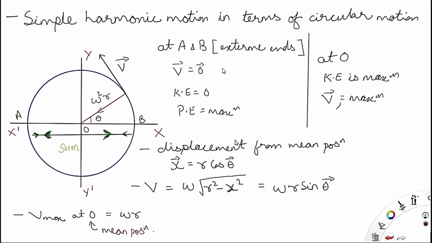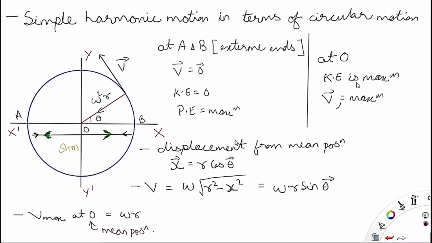At the center, at the equilibrium position, so the center is the equilibrium position in simple harmonic motion, the net force is equal to 0. So at point O, the equilibrium position, kinetic energy is maximum, acceleration is equal to 0, no acceleration, and kinetic energy is maximum.